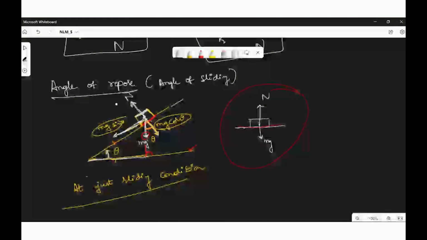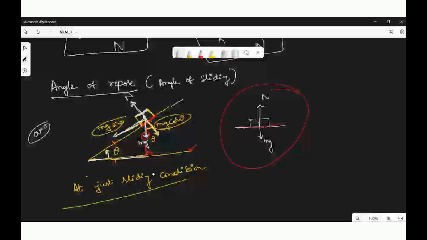At any angle slightly greater than the angle of repose, the block will slide down with acceleration. At the angle of repose, acceleration is 0, but you should give some small initial push, and the block will slide down slowly with uniform speed.